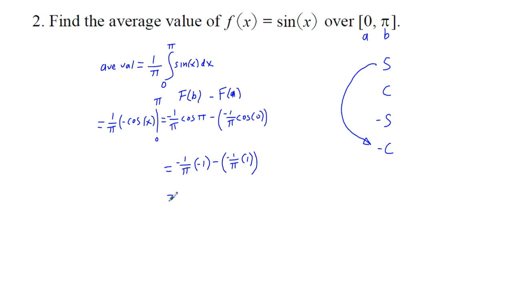So what we're going to have is negative 1 times negative 1 is going to be 1 over pi, and then we have minus negative 1 over pi, so we're going to have plus 1 over pi, and so our average value is going to simplify to 2 over pi. That's it.